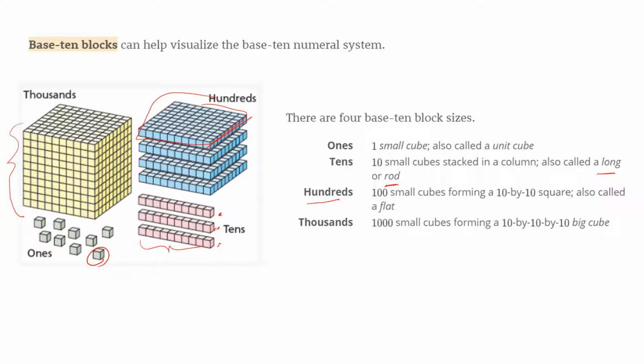It represents 100, because if you put 10 tens together, you get 100. And this is called a flat. And then when you put 10 flats on top of each other, you get this large cube, which would have 1,000 cubes in it, because 10 times 100 is 1,000.